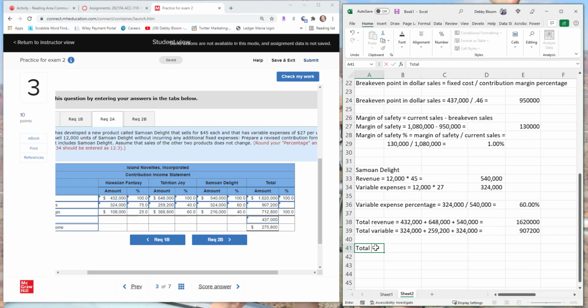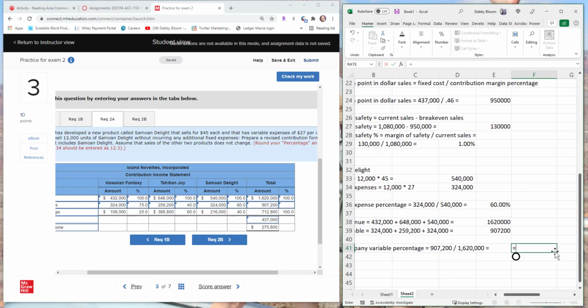So the total company variable percentage, you just take the total variable cost of 907,200 and divide by the total revenue of 1,620,000. So doing that calculation, once again, set to percentage style, we've got exactly 56%.